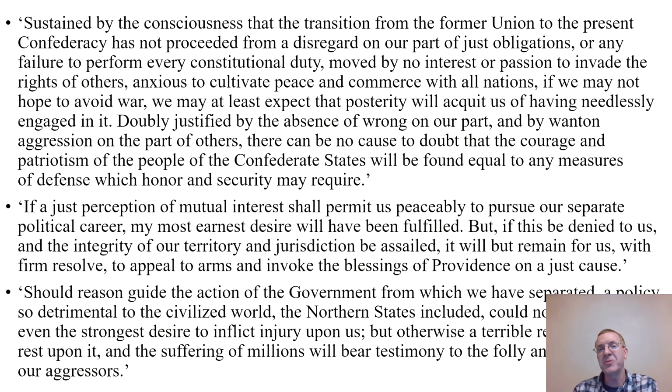Now, John Tyler was still alive at this point, and he had declared his allegiance to the Confederate States of America. He will die midway through 1862, and he will have a Confederate flag over his coffin at his funeral. So that's an interesting aspect of American Civil War history that we don't often talk about.